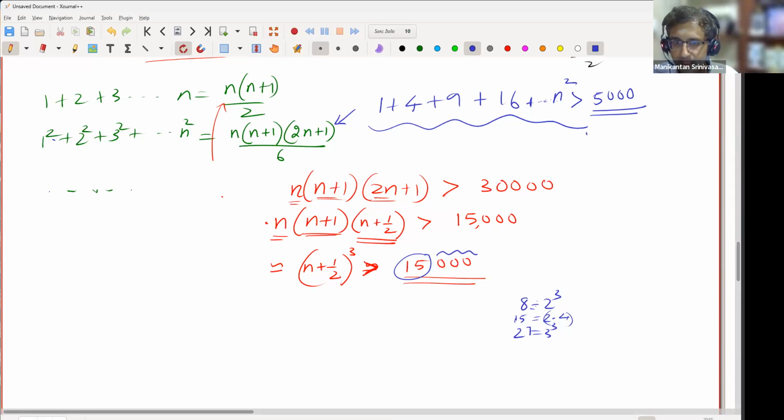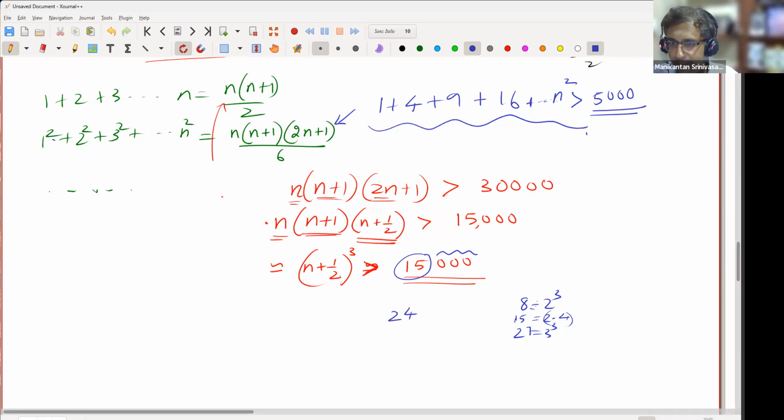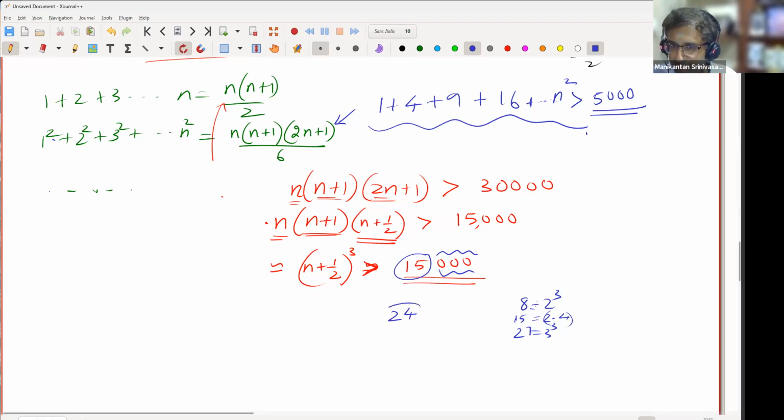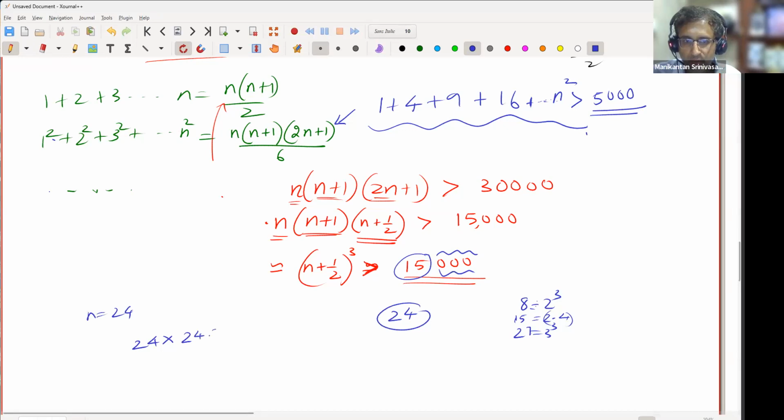Which means if I multiply by 10, because there are 3 digits here, my best guess would be 24. I'll start with 24, and then I can operate in that band and quickly figure it out. I'll try n equal to 24. So if n is 24, then I'm looking at 24 times 24.5 times 25.